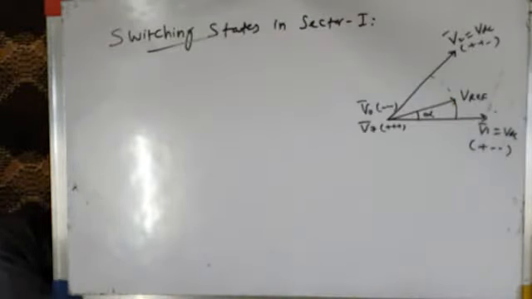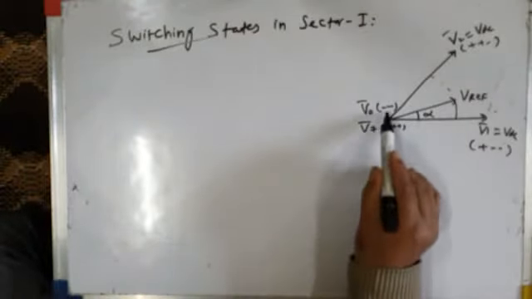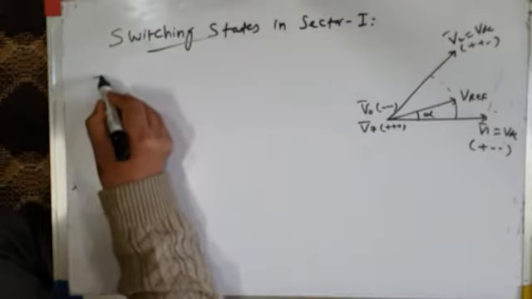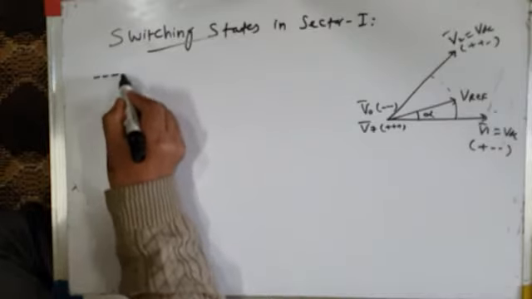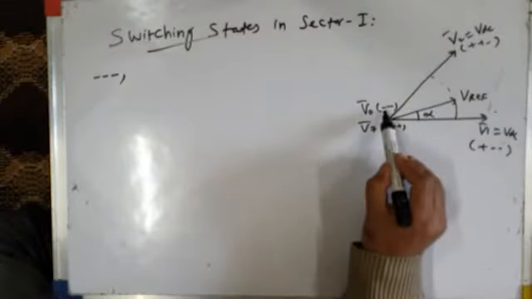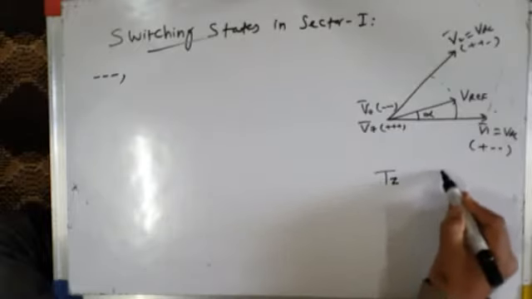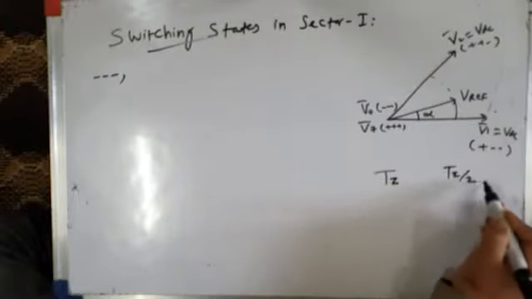So therefore, I can start with zero voltage vector. I can apply minus minus minus switching state. That means I apply zero voltage vector for time interval Tz by 2. My total zero voltage vector is Tz. I divide it into Tz by 2.